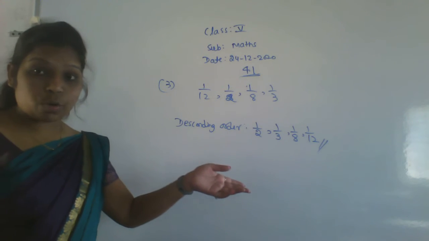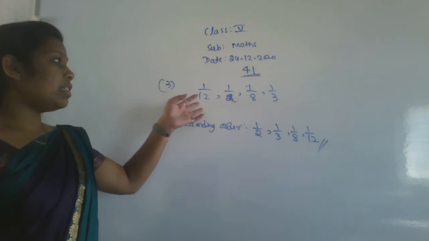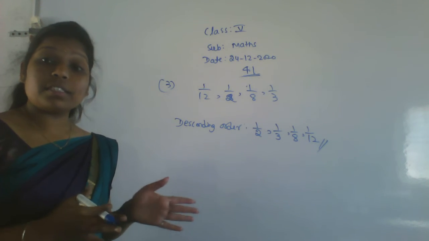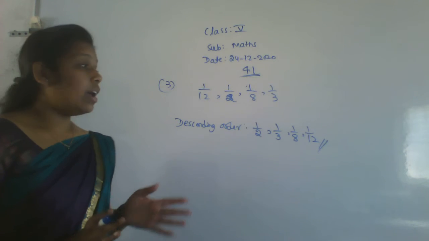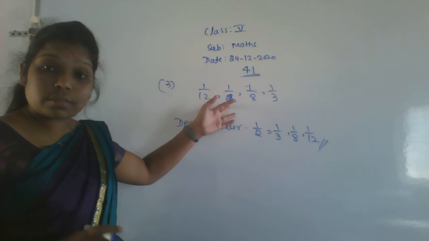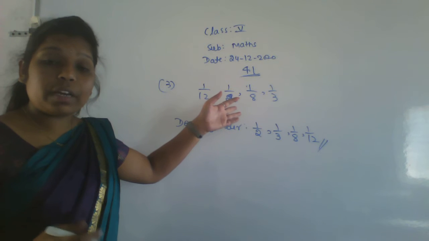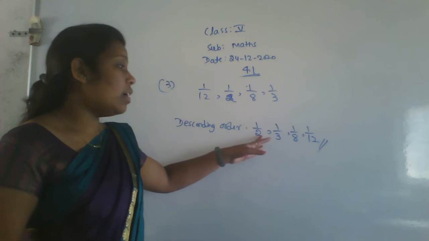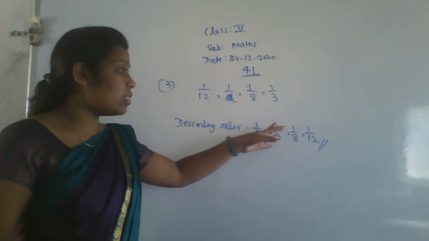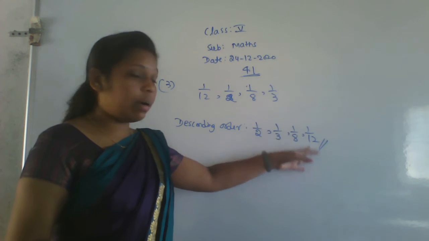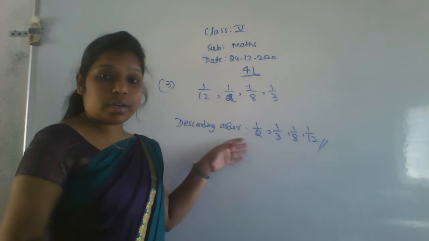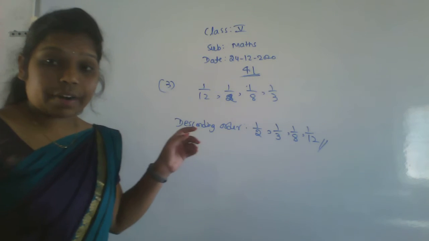Obviously 12 is the greater, but 1 by 12 will become the smallest number. And 2 is the smallest number, but 1 by 2 will become the greatest number. So that's why I am writing the first number as 1 by 2, next 1 by 3, 1 by 8, 1 by 12. Okay, so this is the descending order of the given fractions.